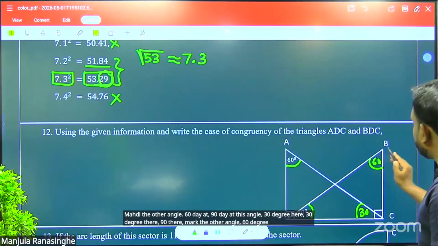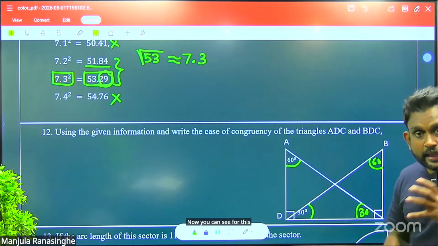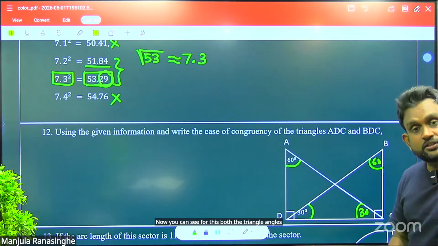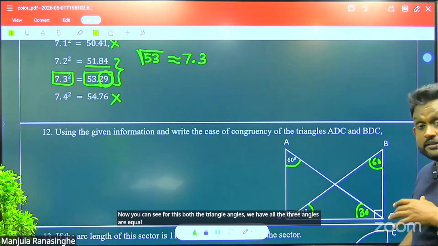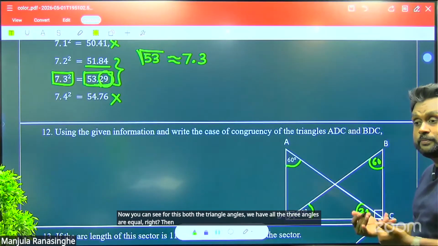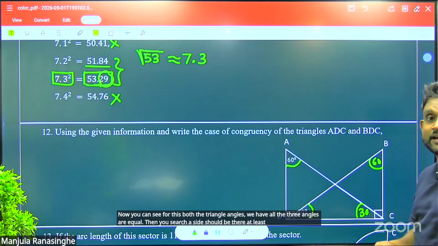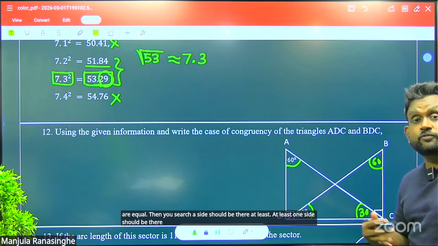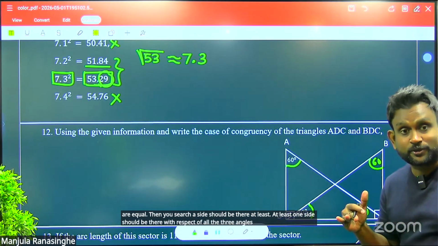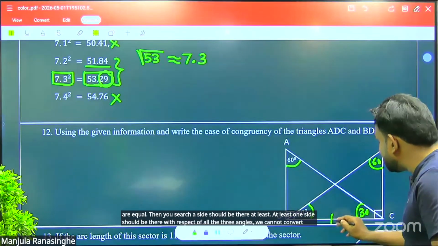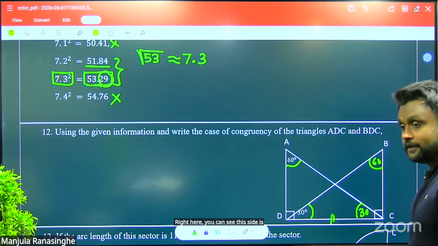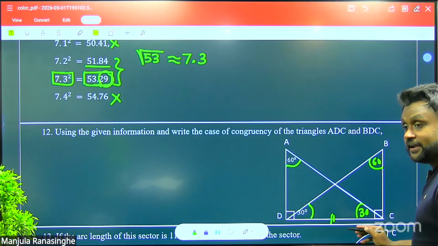Now you can see for both triangles all the three angles are equal, right? Then you search for a side; at least one side should be there. With all three angles alone we cannot prove congruence, right? Here you can see this side is common to both the triangles, right?